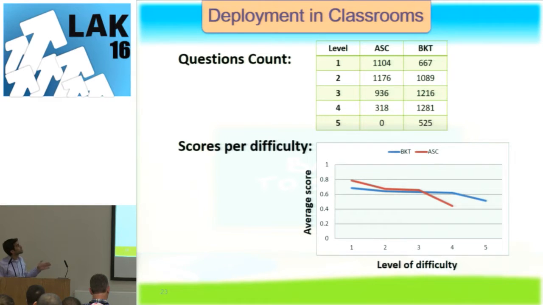The ascending algorithm achieved better results in the first level of difficulty, and we assume that is because students who solved level 1 with the ascending algorithm solved twice as many questions as with the BKT sequence algorithm. That's one of the assumptions that we make.